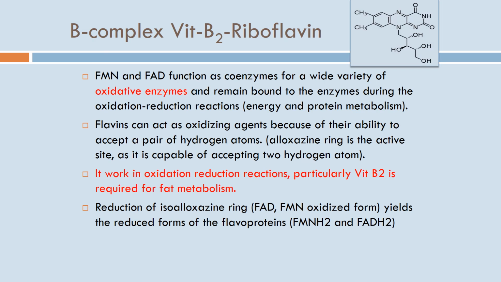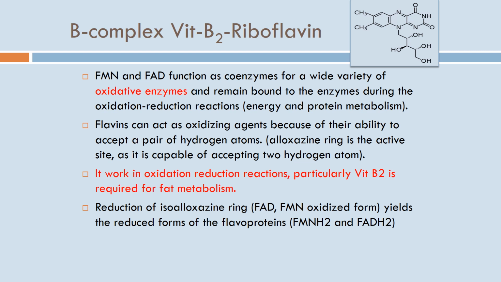This FMN and FAD function as coenzymes for a wide variety of oxidative enzymes, and they remain bound to the enzyme during the oxidation reduction reactions, which are particularly involved in energy and protein metabolism. Flavins can act as an oxidizing agent because of their ability to accept a pair of hydrogen atoms.